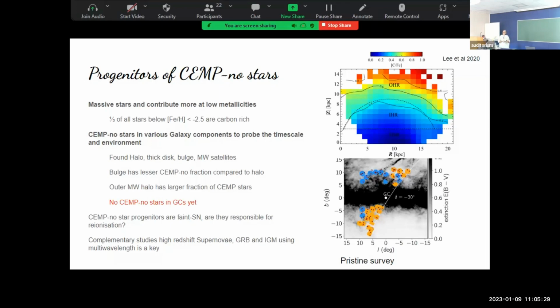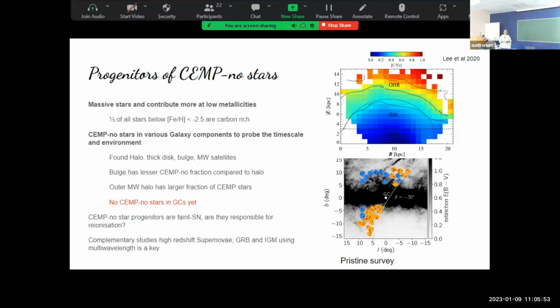These are very metal-poor systems, thought to be pristine galaxies, just the remnants of the hierarchical merging of the galaxy itself. So they have plenty of carbon-enhanced metal-poor stars. But we find the bulge to have much fewer carbon-enhanced metal-poor stars.